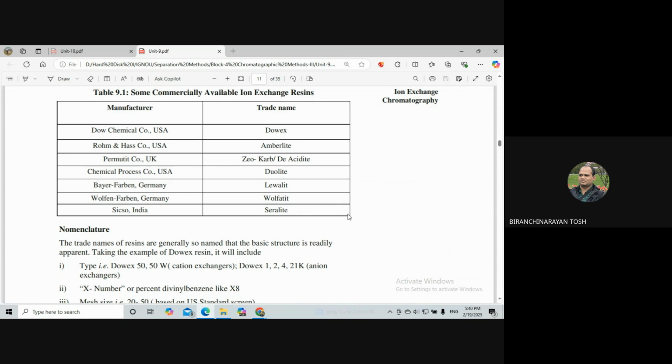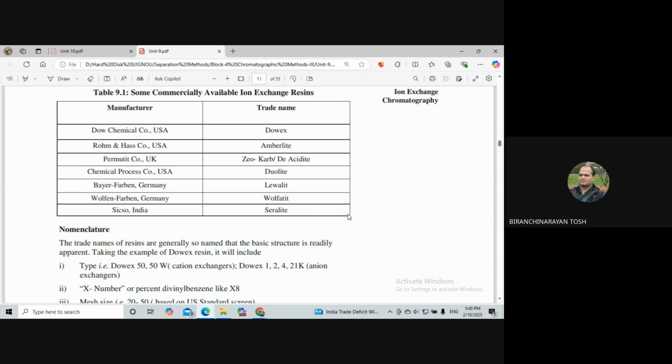The nomenclature: the trade names of resins are generally so named that the basic structure is readily apparent. For example, the name Dowex resin includes types Dowex 50, Dowex 50W, which means the cation exchanger, and Dowex 1, 2, 4, 21K, which are anion exchangers.